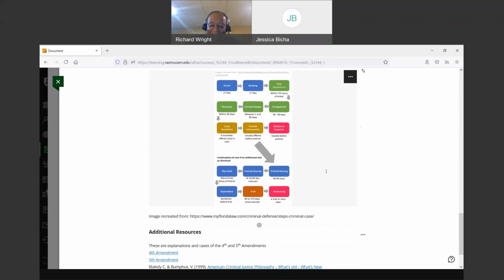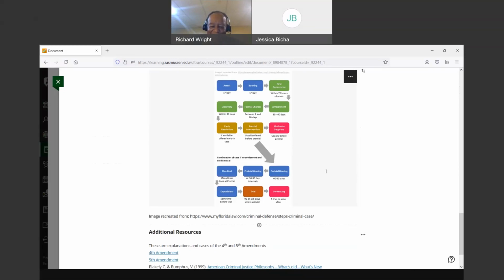Okay, then it goes through pretrial hearings, where you deal with the motions and things of that nature. And then also, finally, if the person decides they're going to plead guilty after getting all the evidence, then that takes place. Depositions, we generally don't have that issue.